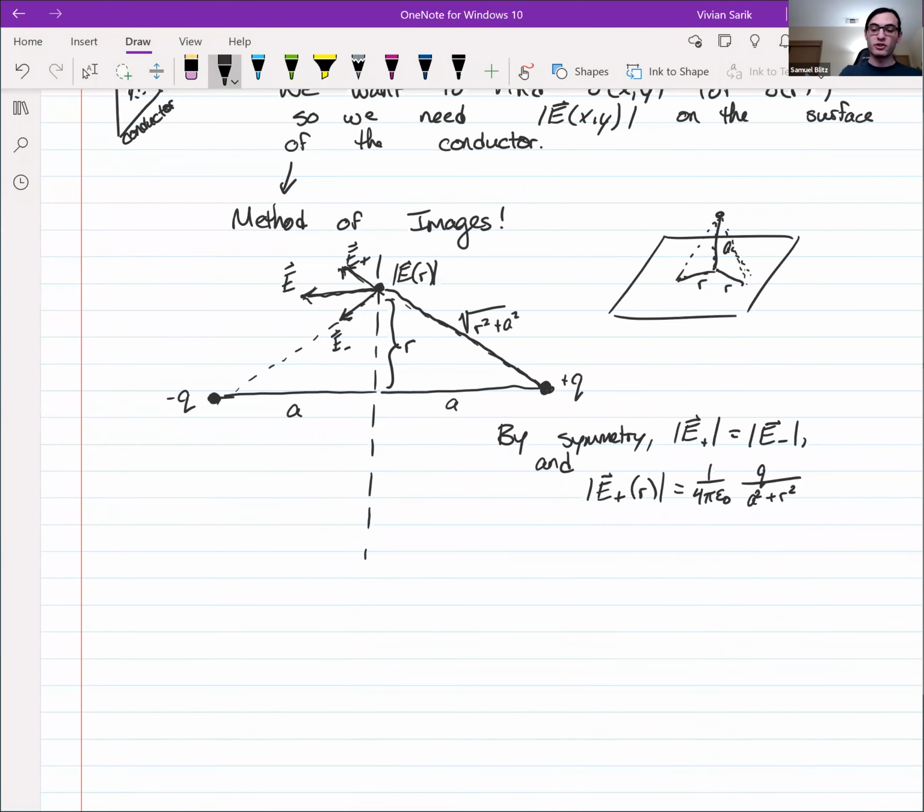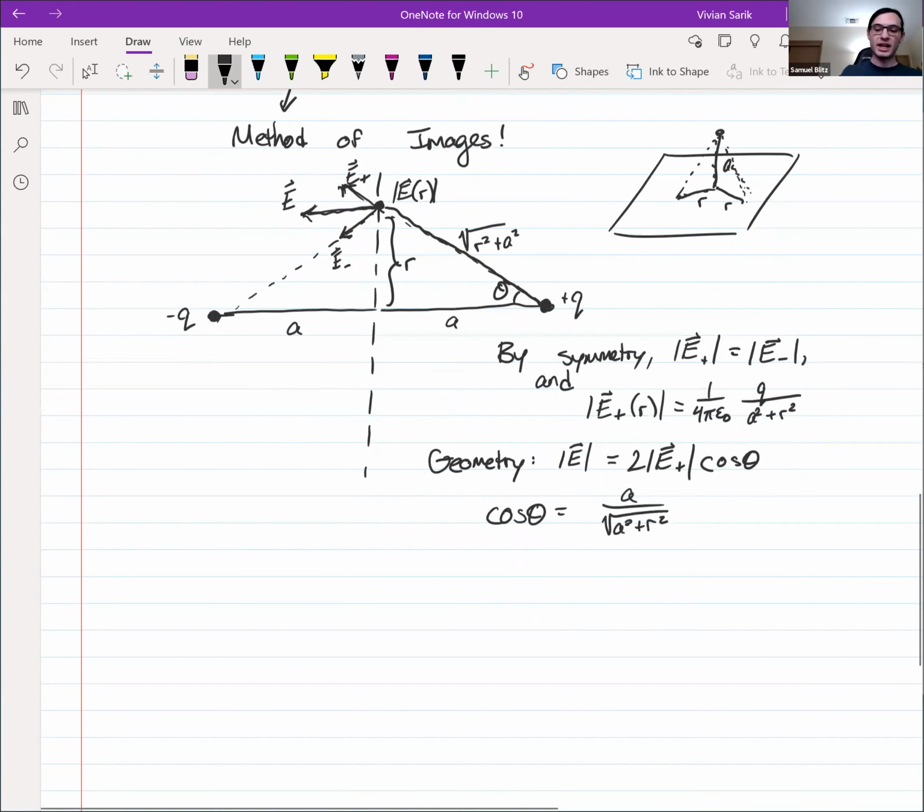Then we have to do a little bit of geometry to find the magnitude of the total electric field. This just involves drawing some triangles. It works out that it's twice the electric field from the positive charge times the cosine of the angle theta, where this is that angle theta. And so the trig would tell us that cosine of theta is a over square root a squared plus r squared.